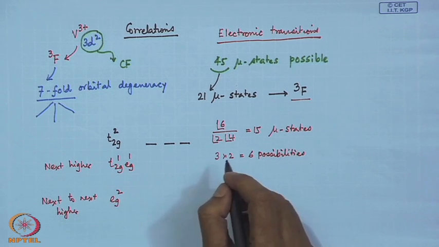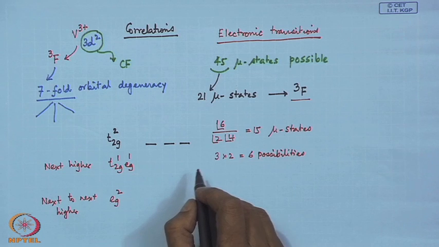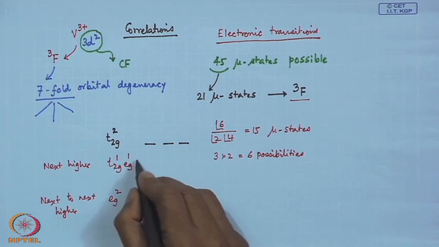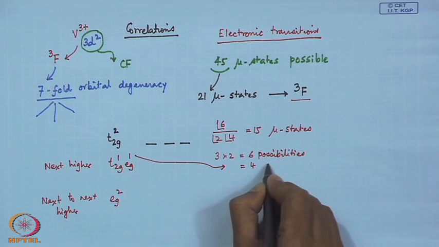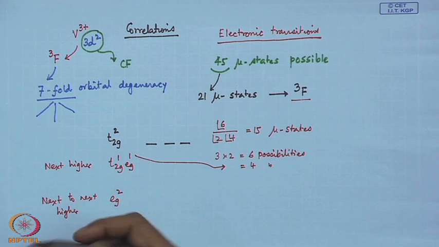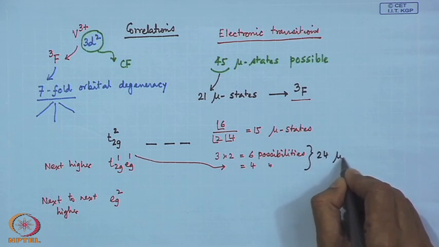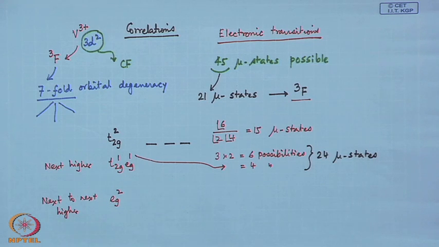And either of these, the EG with either spin, for the next electron we have 2 into 2, that means 4 possibilities. So altogether we have 6 into 4, that means 24 microstates.